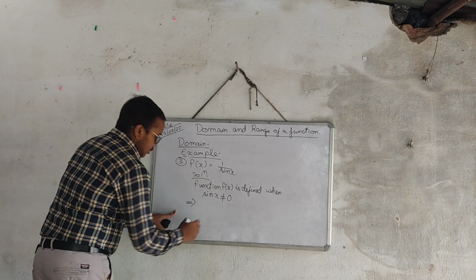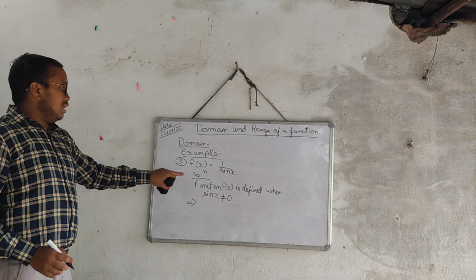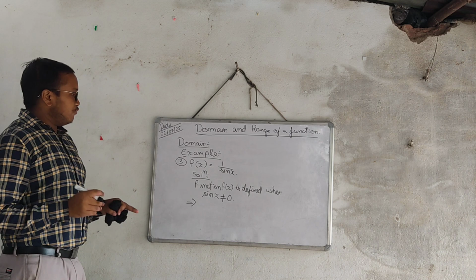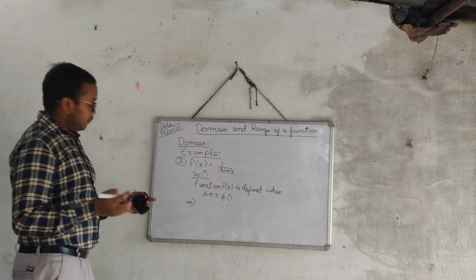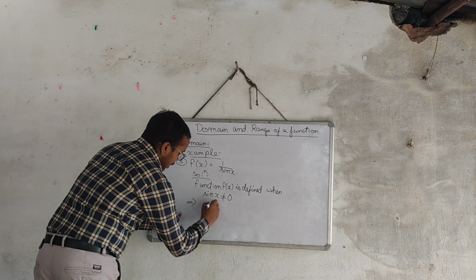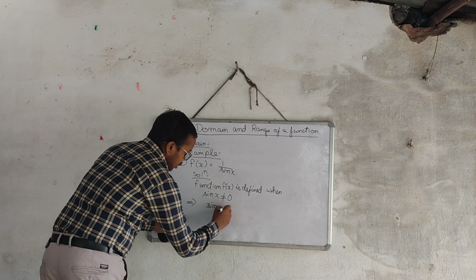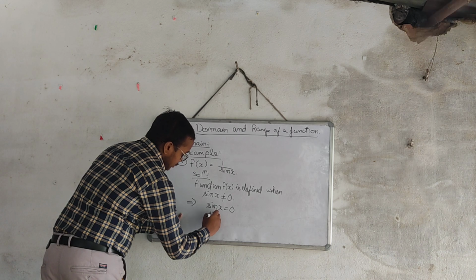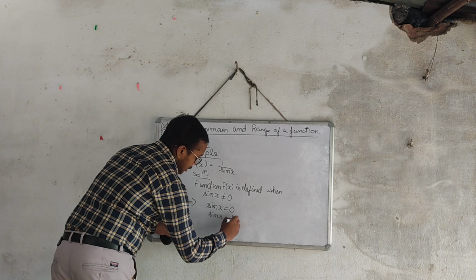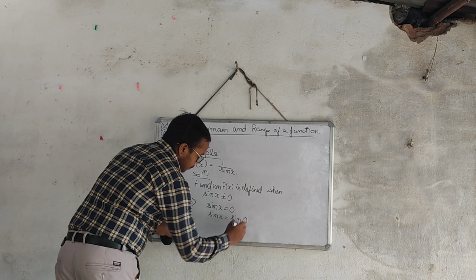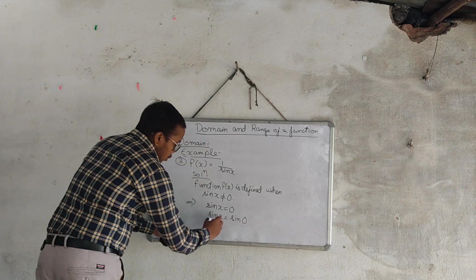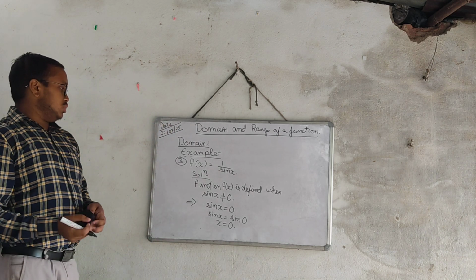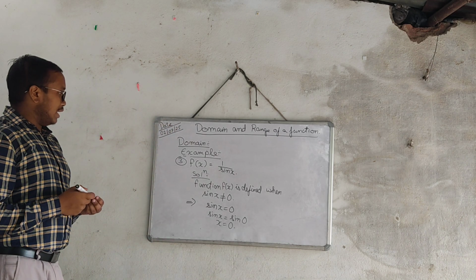So we have to find out when sin x becomes 0. Sin x equal to 0, sin x equal to sin 0, or x is equal to 0. When the value of x is 0, we'll get sin x as 0.